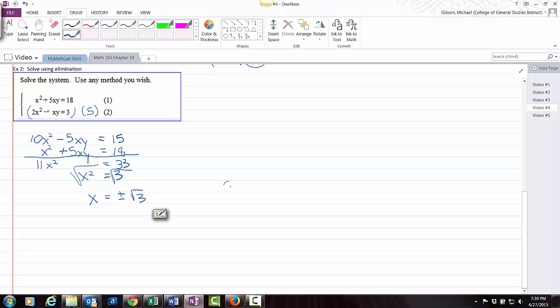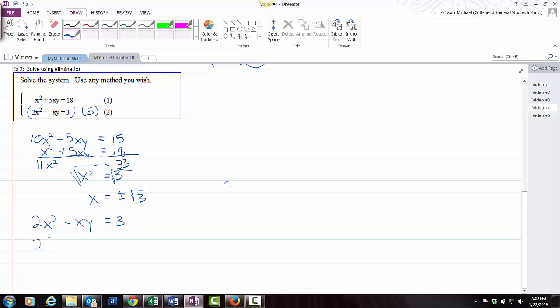Let's use this 2x squared here. So I'm going to use 2x squared minus xy equals 3. Looks to me like these two equations are equally hard to plug stuff into. All right, so now x is going to be square root of 3.